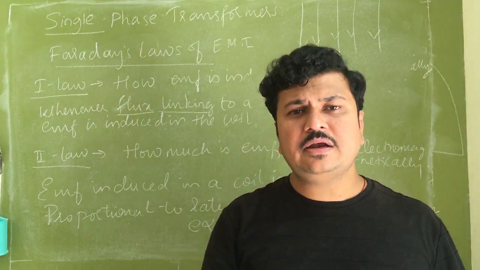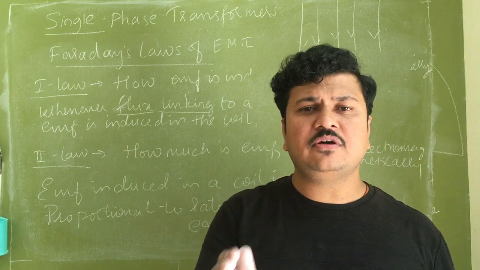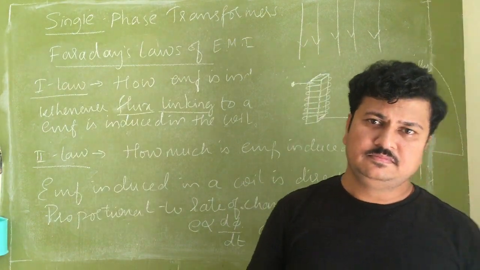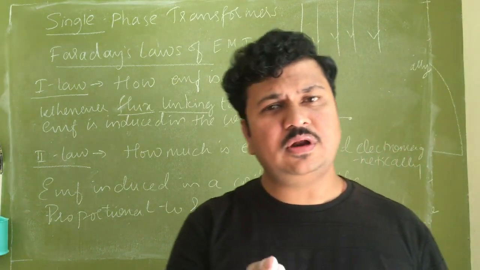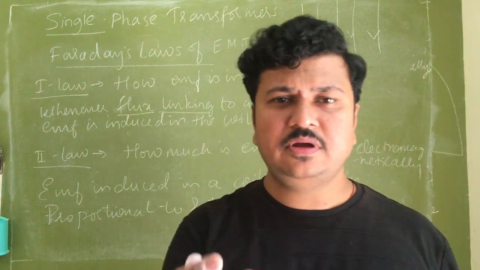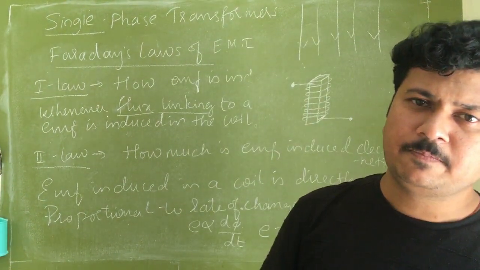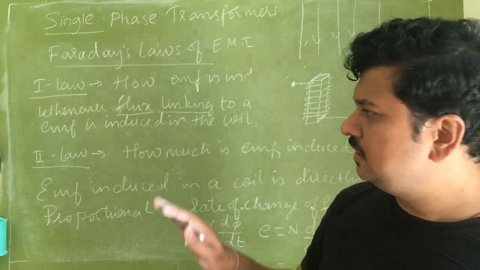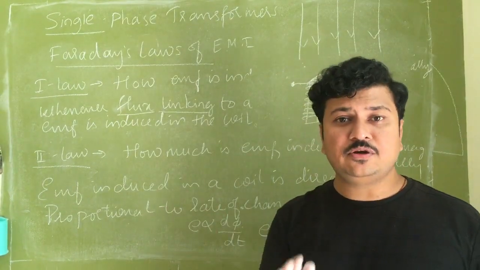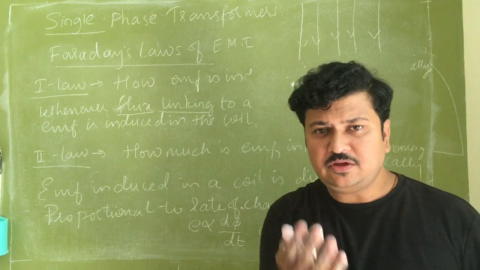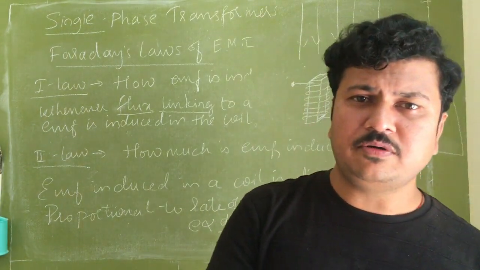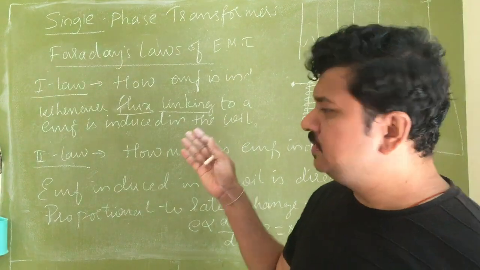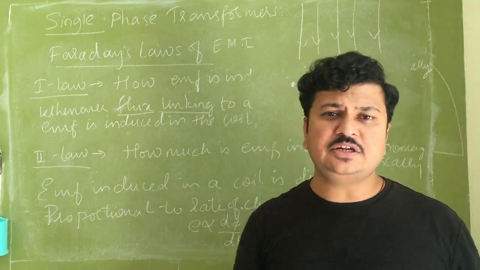So when there is a changing magnetic field linking to a conductor, what is a conductor? A conductor is nothing but an accumulation of atoms. And what are atoms made of? Atoms are made of charged particles. So if you see very fundamentally, whenever there is a change in the magnetic field, the changing flux is now linking to a charged particle.